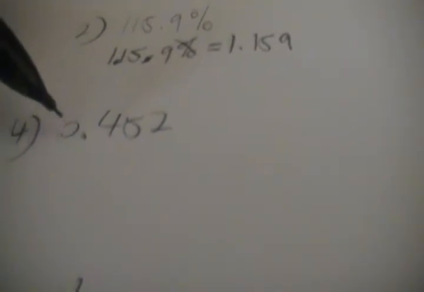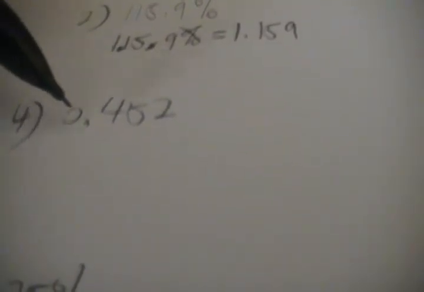Okay, so now that we have decimal points, the process of writing decimal points into percentages is just the opposite process. You remember how to go from percentages to decimals, we move the decimal point to the left. Well, now we're going to move the decimal point to the right 2 times, and then we can get a percentage.